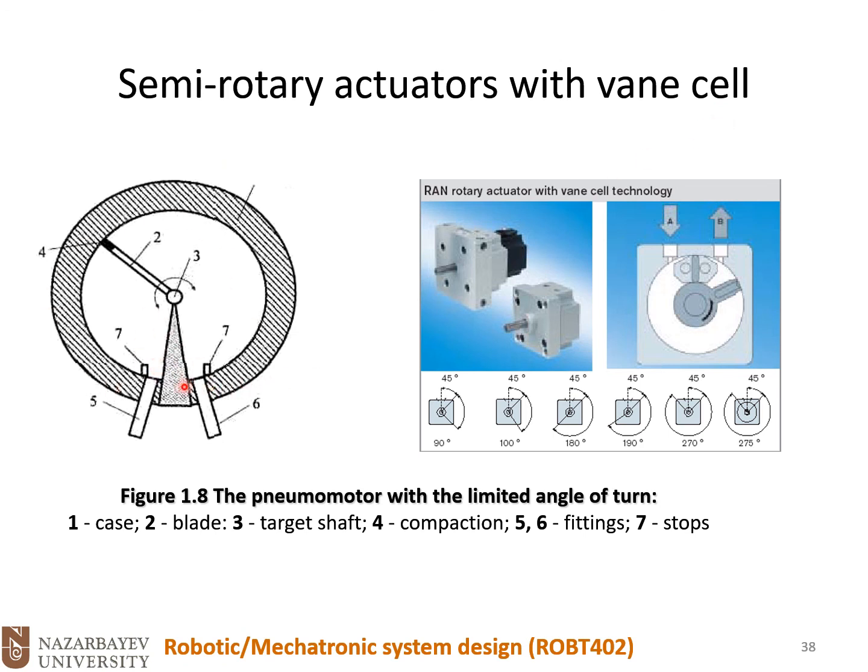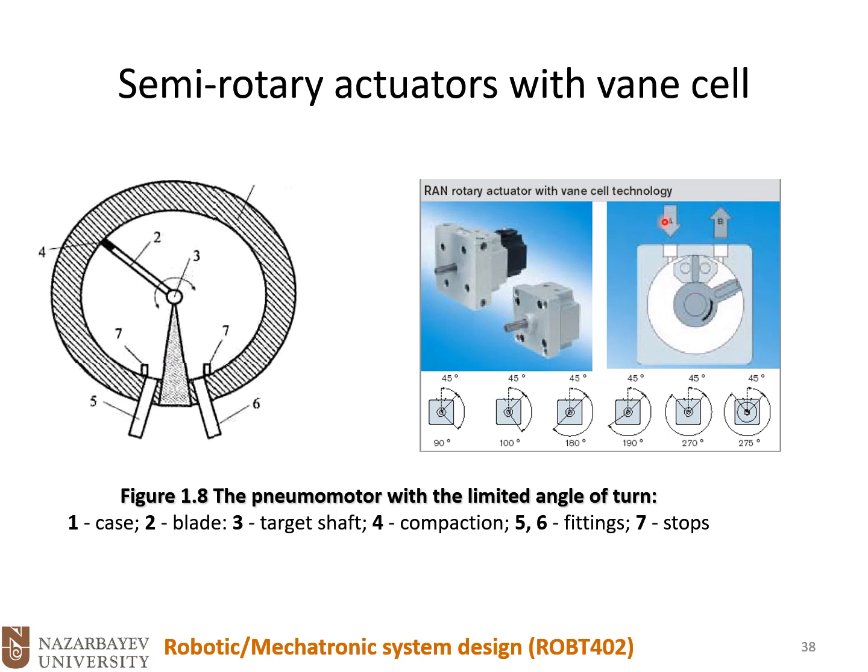So here we have two chambers, and two chambers are divided by a blade and two ports. So when we pressurize this one, the blade moves counterclockwise and vice versa. You see that again the range of motion is limited.